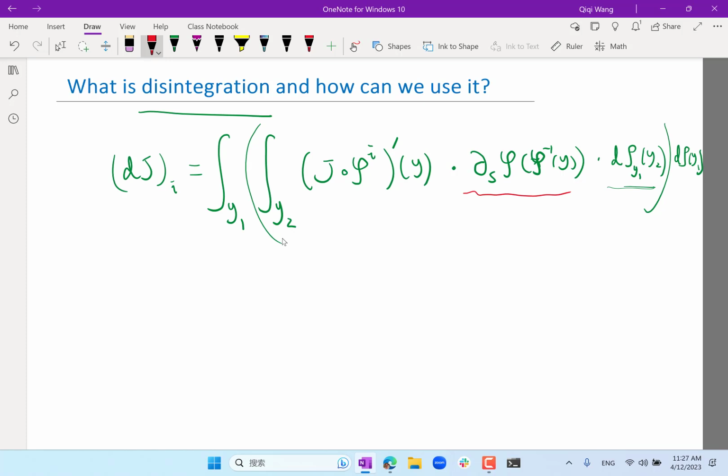In the most general case, phi is a map from a two-dimensional coordinate into a two-dimensional coordinate. So this perturbation contains two components, one in the vertical direction and one in the horizontal direction, which is smooth, which is unstable and smooth.